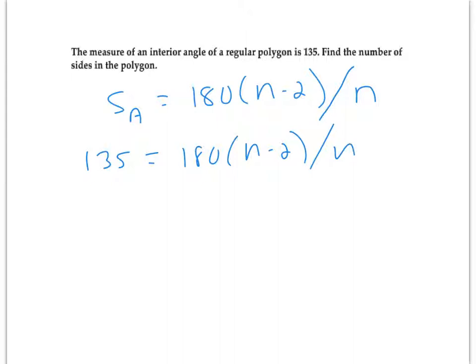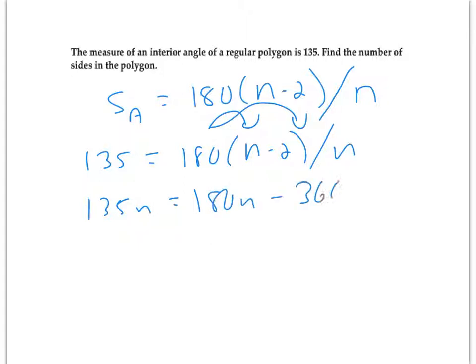I'm going to multiply both sides by n. So I have 135n is equal to, and I'm going to distribute my 180, so I have 180n minus 360. Okay, I'm going to subtract the 135n from both sides. I'm going to add the 360 to both sides.